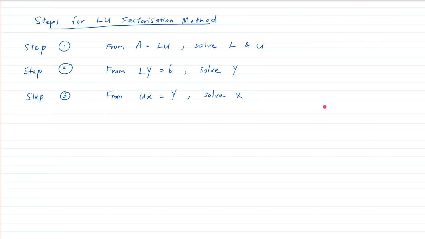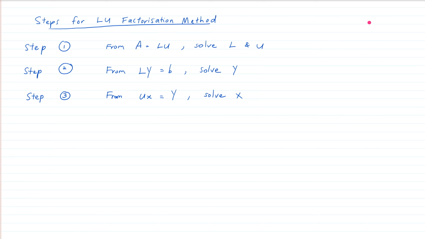So this is the basic one, and you need to remember these three steps, because the rest just depends on the type of matrix and the rules. But this is the basic, fundamental approach of solving a system of linear equation using the LU factorization method.